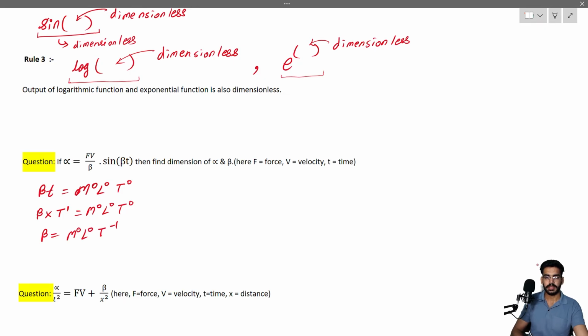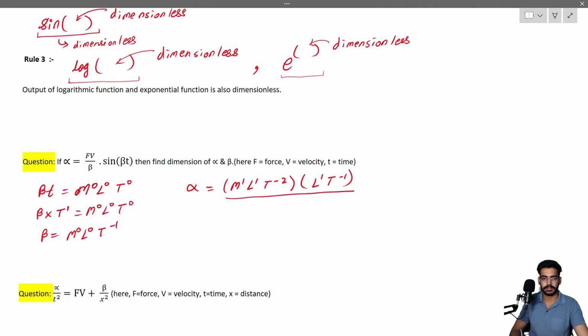Then this sine of beta t is dimensionless, right? So this is only remaining, right? So I can write the dimension of alpha. Alpha is equal to f, force. What is the dimension of force? M1 L1 T to the power minus 2, right? And velocity is L1 T to the power minus 1, right?